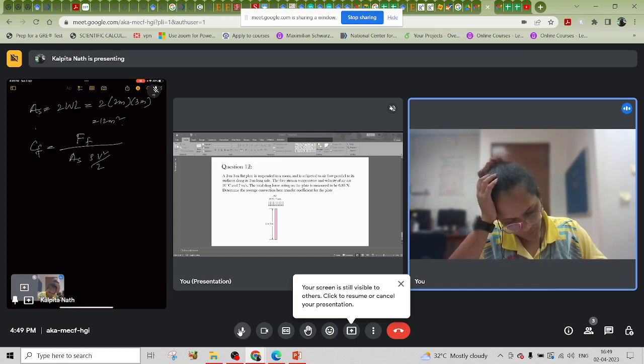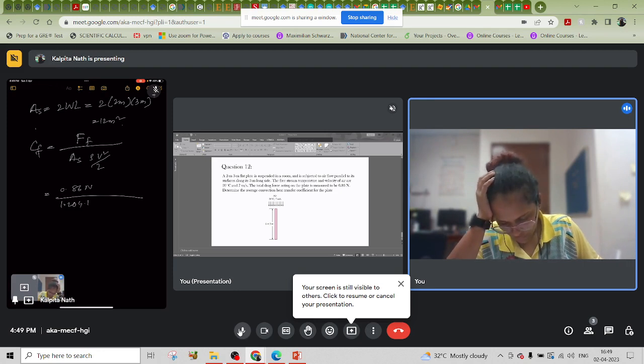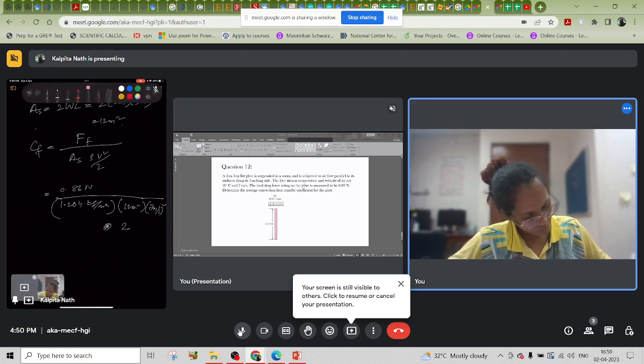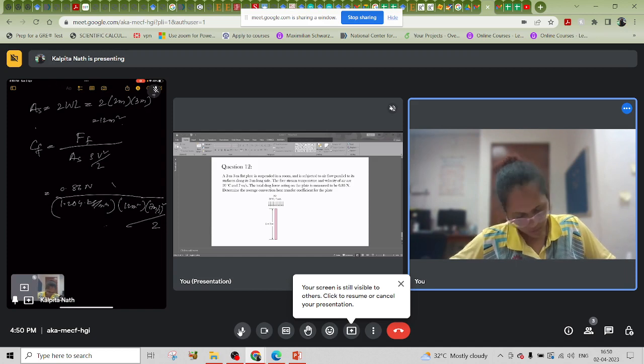Solving for Cf, this is 0.86 Newton, upon 1.204 kg per meter cube density, area is 12 meter square, velocity is 7 meter per second whole square, divided by 2, multiplied by 1 kg meter per second square upon 1 Newton.